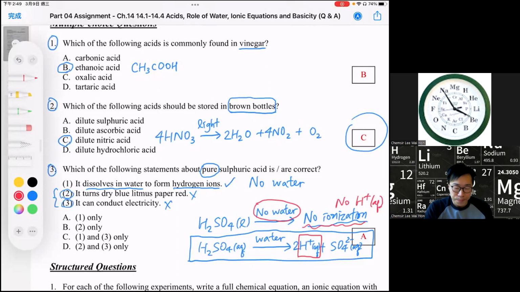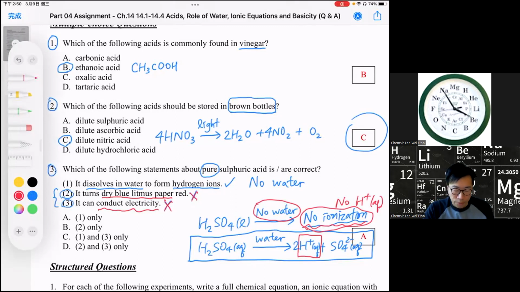And therefore the dry blue litmus paper, that means again no water, will not turn red. So this is incorrect. Similarly, as there will be no ions produced, the pure sulfuric acid should not conduct electricity, okay? So this is again an incorrect statement.